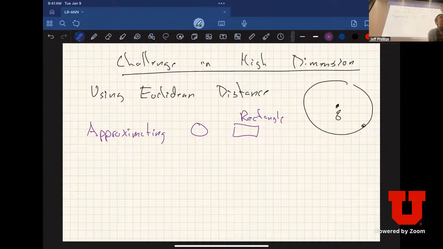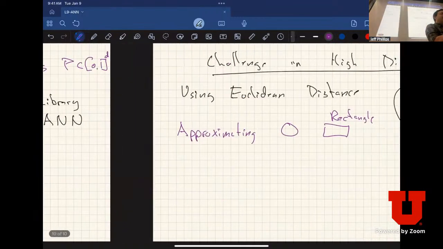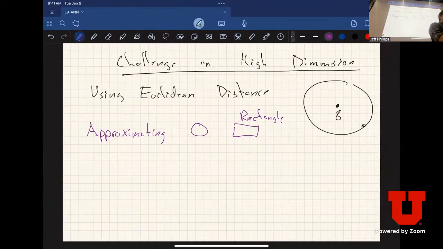In low dimensions this approximation works okay: the rectangle gives a pretty good approximation of the circular shape, while I've subdivided all the data into exactly one thing. But this works poorly in high dimension.